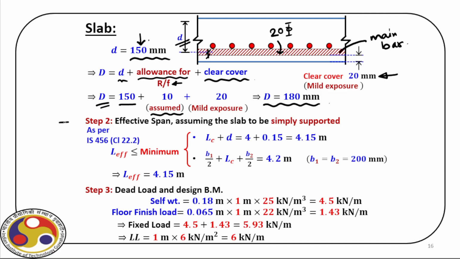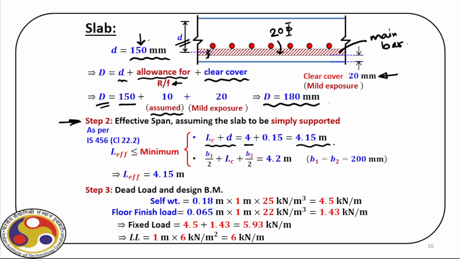Then we come to step 2, where we evaluate the effective span, assuming that the slab is simply supported for the time being. So L effective is less than the minimum of these two conditions, Lc plus d. Recall Lc is 4, plus d, what we assume here as 150, so it is 0.15.